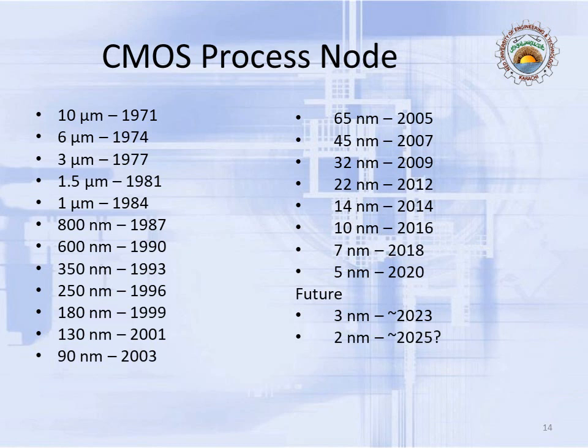And just to bring these numbers in perspective, what is 10 micrometer? 10 micrometer is about 1/10 the width of a human hair. A human hair is about 100 micrometers in width. So even in 1971, the channel length was about 1/10 of a human hair. And just compare it with 2016's number, that is 10 nanometers. That is a decrease in length by 1,000-fold.